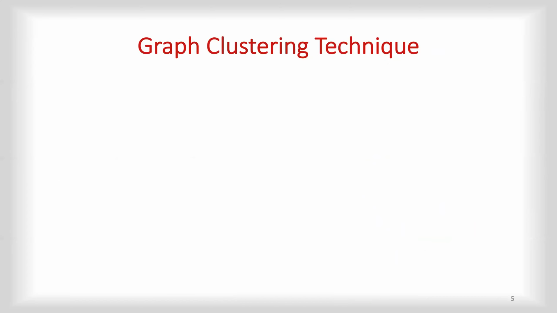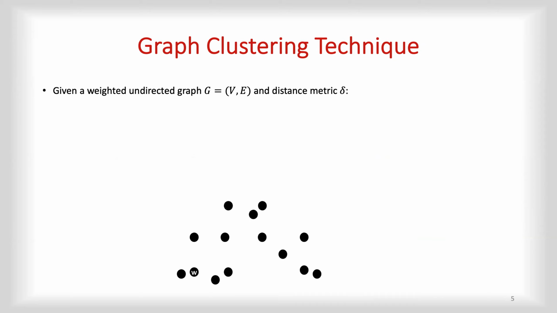Let me present our graph clustering technique first. Given a weighted or unweighted graph G with the distance metric delta, note that in the graph clustering technique we may assume that the graph is weighted, but in our network mapping algorithm the graph is not weighted.